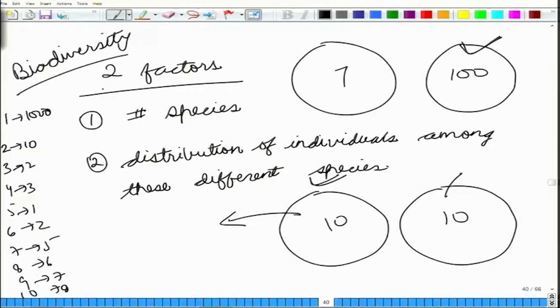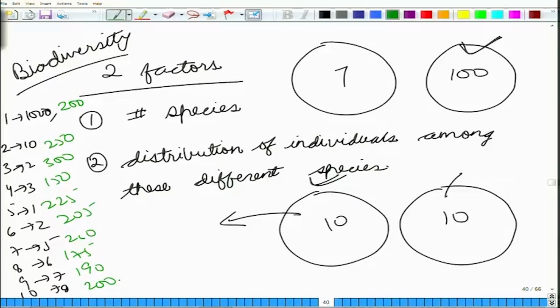Whereas, in the case of the second community, we have a situation where let us say we have 200, 250, 300, 150, 225, 205, 210, let us say 175, 190 and 200.